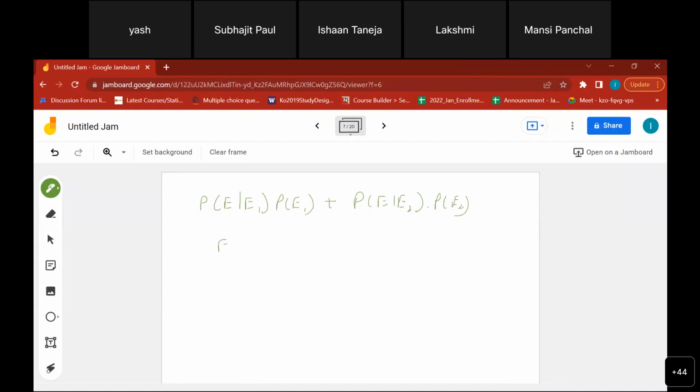So see, E is model predicts dog. E1 is images of dog. E2 is image of any other animal, right? So what is the probability of E1?